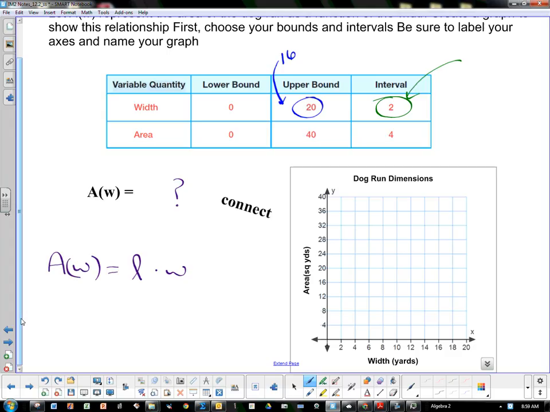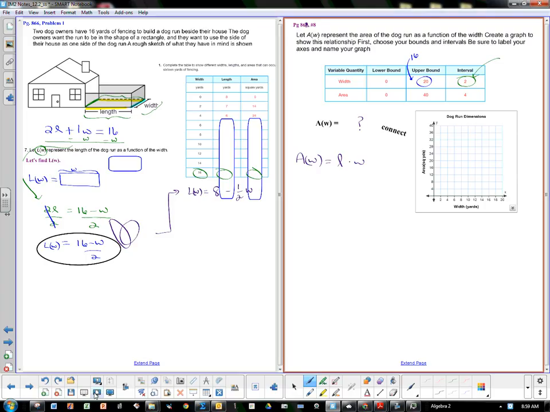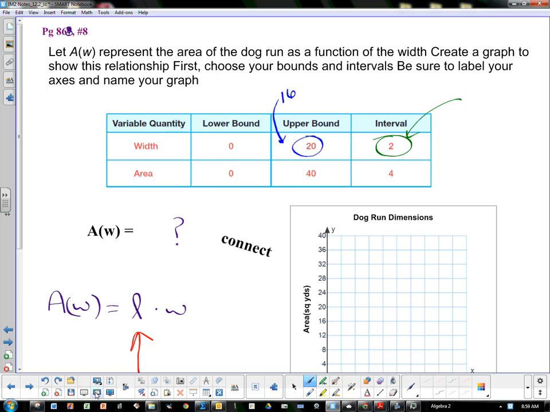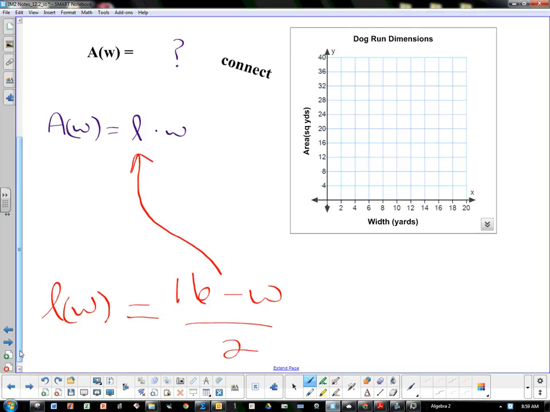Back on the last page, I have that the length, L of w, is equal to 16 minus w all over 2. That right there is the length. Okay, come back here. This is the length.